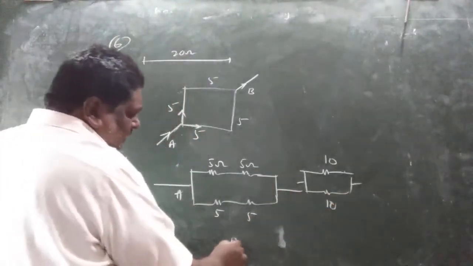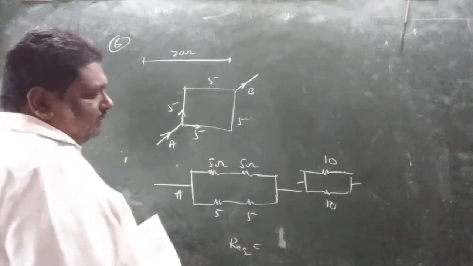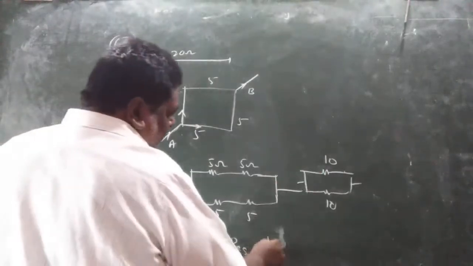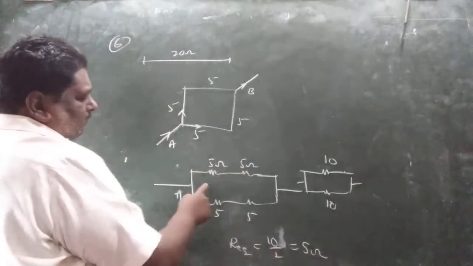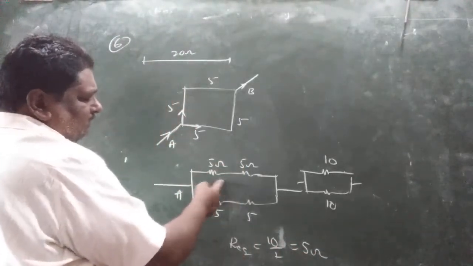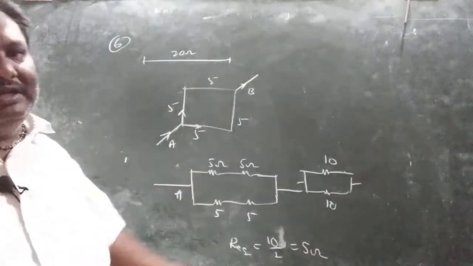These 10 and 10 in parallel give R equivalent equals 10 into 10 by 10 plus 10, or half of the value, 10 by 2, which is 5 ohm. So when all four are 5, the equivalent is 5, and when all are 10, the equivalent is 10.